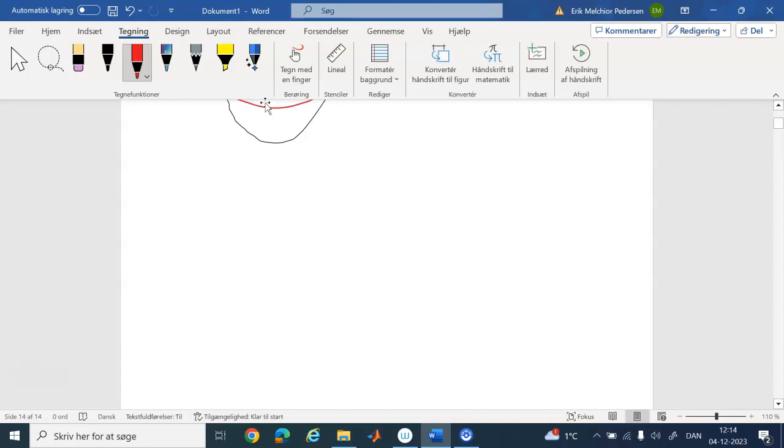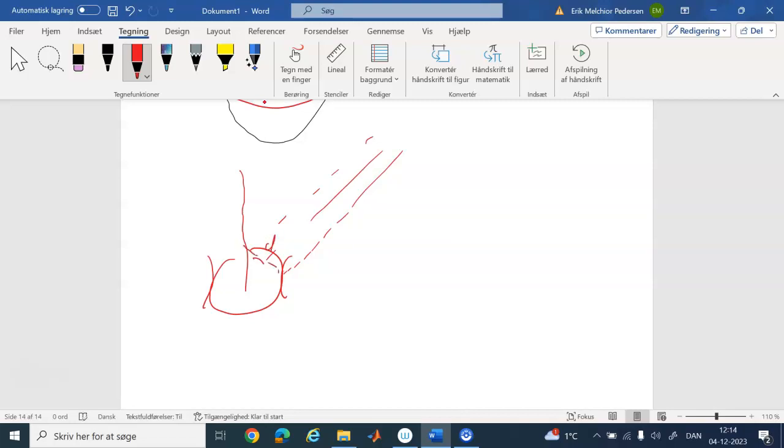ITD is because of the difference in the pathway from a sound to the 2 ears. So now we have just a simple case: a sound source from far away, and let's say we have an angle here, phi.